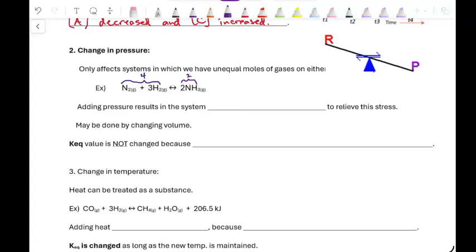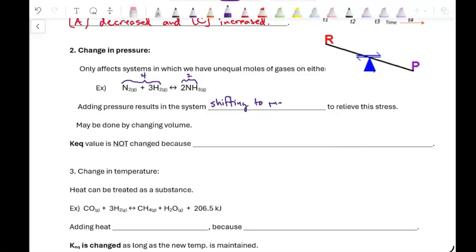If we add more pressure to the system, maybe by squeezing the container, making it smaller, adding pressure results in the system shifting to make less gas, which would relieve that stress.